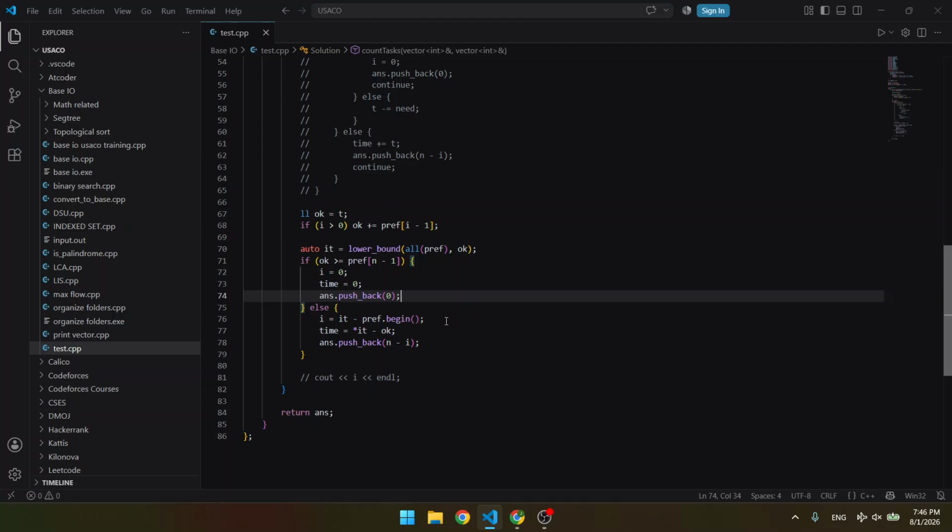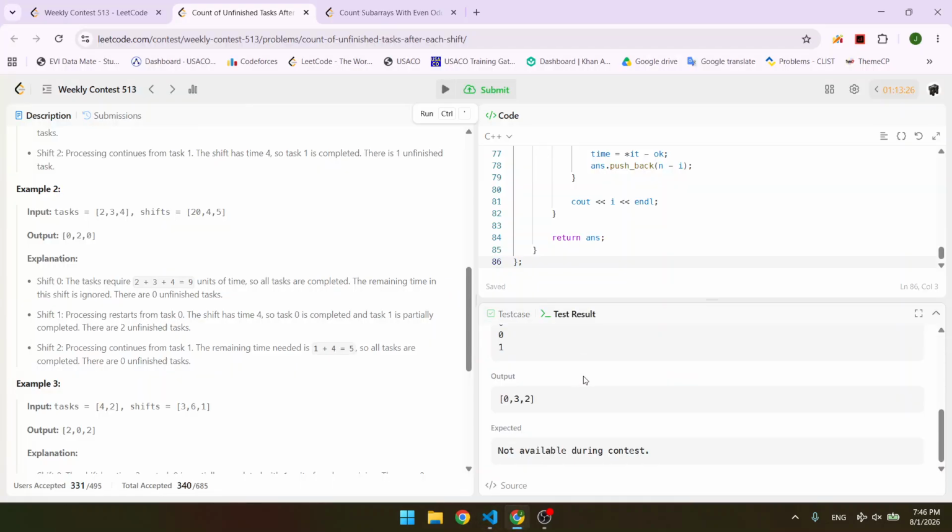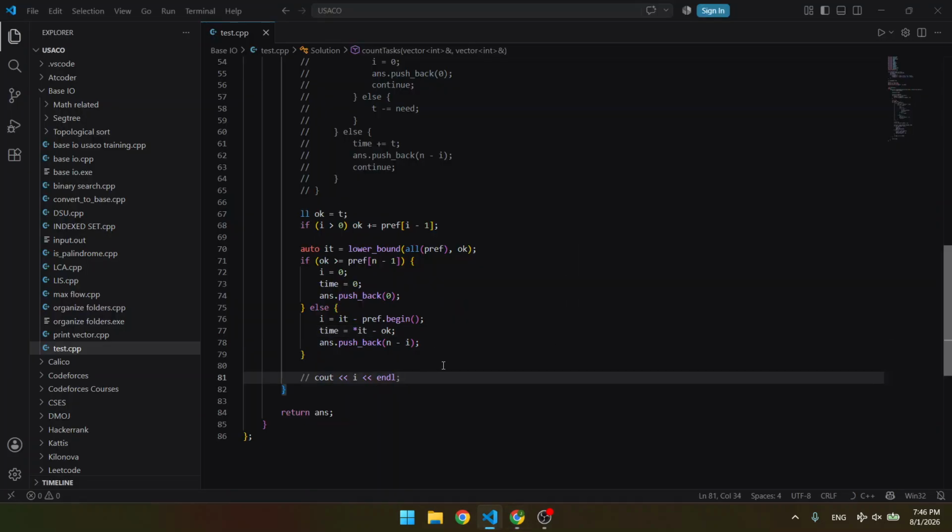It minus pref begin. Time equals star it minus k. Enter dot pushback n minus i. Oh, I think I know what's wrong. So it.